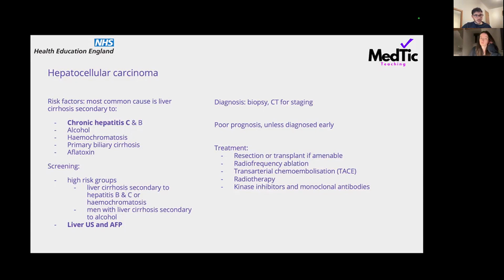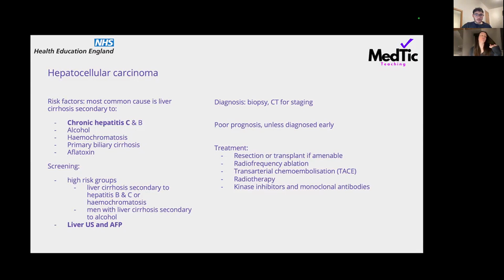So you consider screening in these groups. It was already mentioned that the patient was having liver ultrasound, and the other important test to do is AFP, because that's a potential marker for hepatocellular carcinoma.